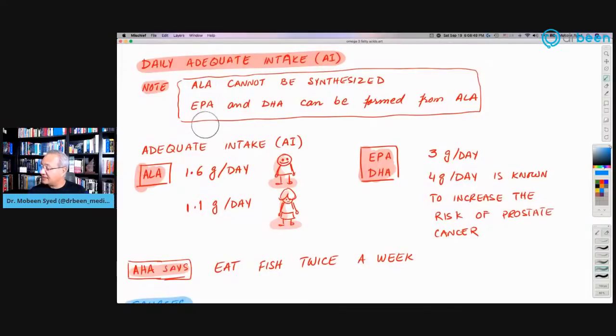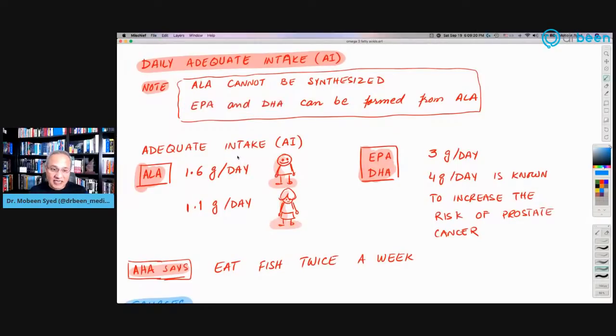Although if ALA is present in the body, let's say you ate seeds, then ALA can be converted to EPA and DHA, and DHA is actually the more active form, if we can say so. EPA and DHA can also be consumed directly by consuming seafood.